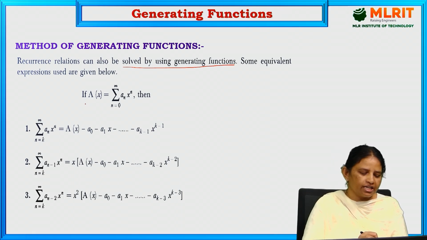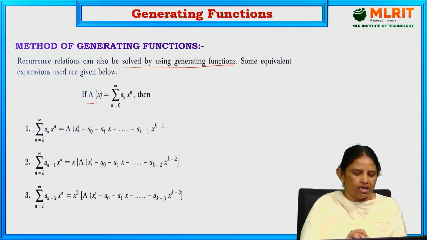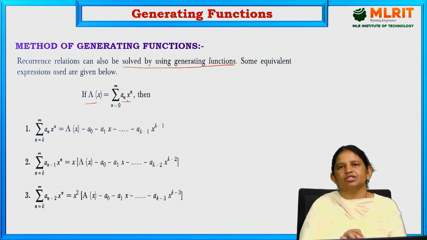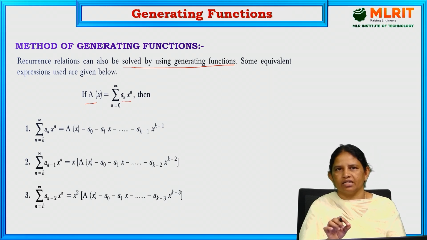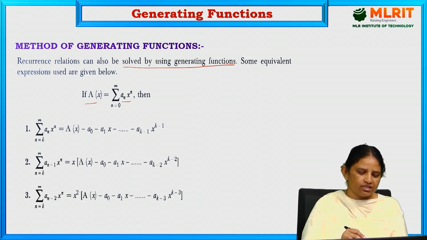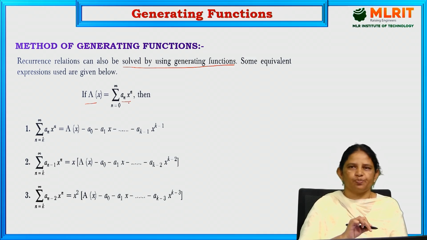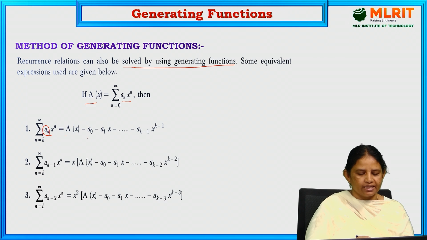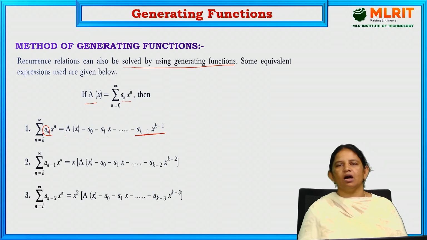Suppose the generating function A(x) is equal to the sum from n equal to 0 to infinity of a_n x^n, which is the generalized term for the recurrence relation. If the term has to be expanded, then what is the formula? The sum from n equal to k to infinity of a_n x^n, if it is the nth term, is A(x) minus a_0 minus a_1 x minus up to a_(k-1) x^(k-1), which is the last term.